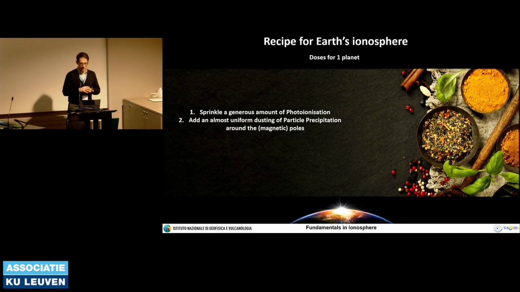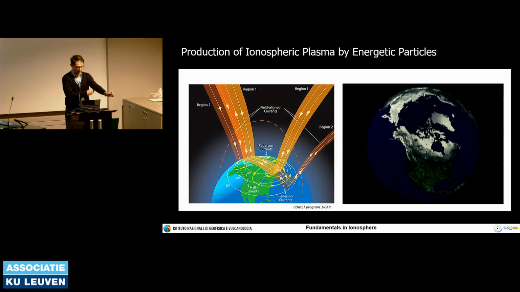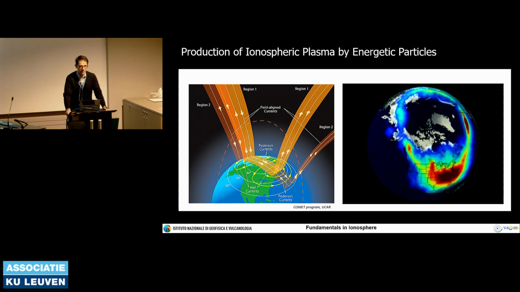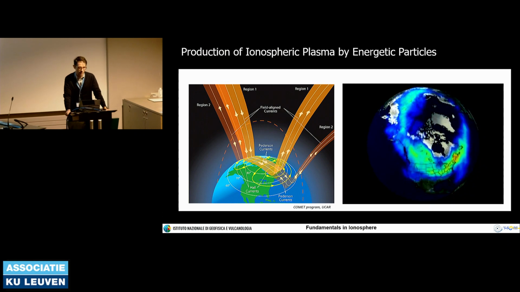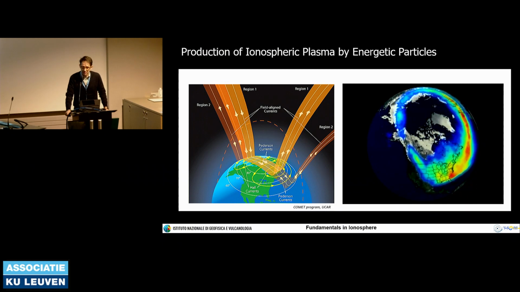What's the second ingredient? We have to add an almost uniform dusting of particle precipitation around the magnetic poles. So besides the solar irradiance, there is another source of ionization. The fact that, as both Stefan and Fabien already demonstrated to you, the Earth system is not closed. The Earth ionosphere, in terms of currents, is exposed to the magnetosphere. The ionosphere is directly connected to the magnetosphere and the solar wind.